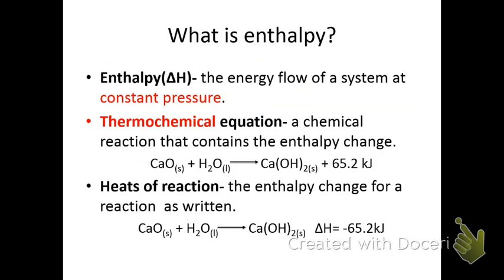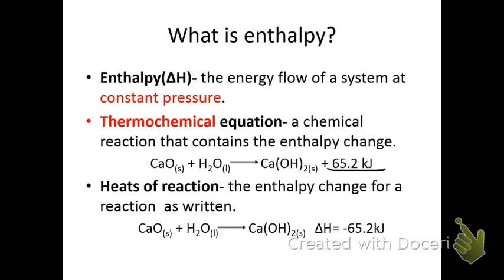The next two things we have here are a couple of examples of different ways that you'll see this information portrayed. The first will be a thermochemical equation. And this is just going to be a chemical reaction that includes the energy change as a part of the equation. So you see right here that you have your 65.2 kilojoules as a product in the equation.